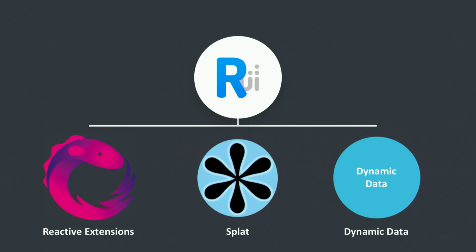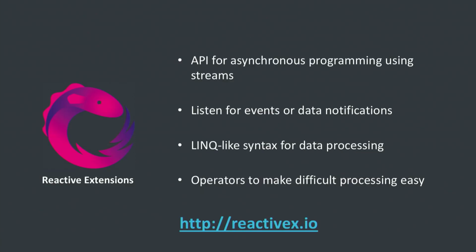It uses a LINQ-like syntax to do all of your operations. If you're familiar with using LINQ to do things like a select statement and a where statement, Reactive Extensions follows that same functional or fluent pattern for writing out your code as well. And then it makes a bunch of operators that are typically difficult to do very easy.